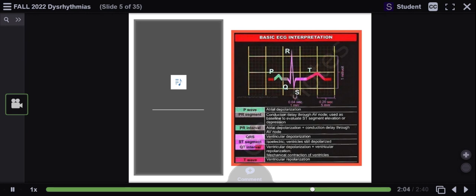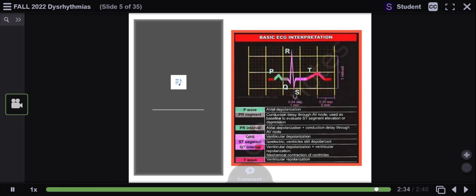Again, it's really important to note that if there's any abnormality of the P wave, there's something going on in the conduction system within the atria. And if there's any abnormality with the QRS complex or the T wave, it is ventricular in nature, meaning the ventricular component of the electrical conduction system is wrong. Okay?